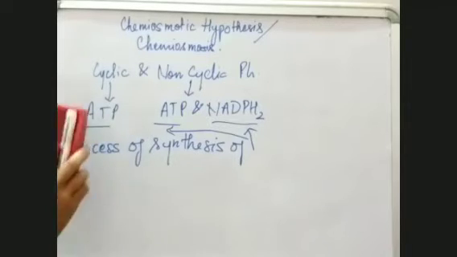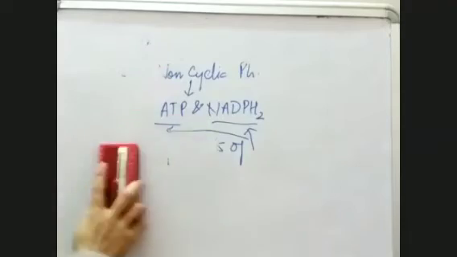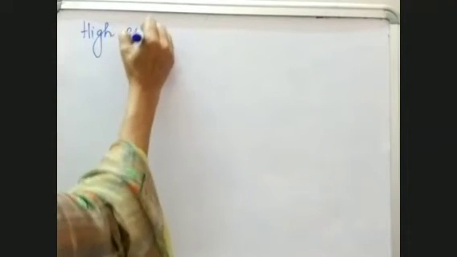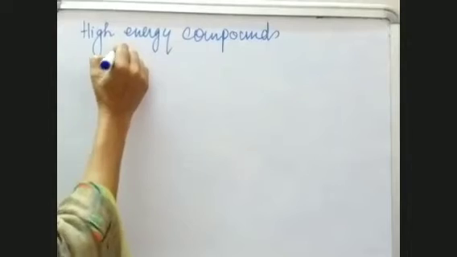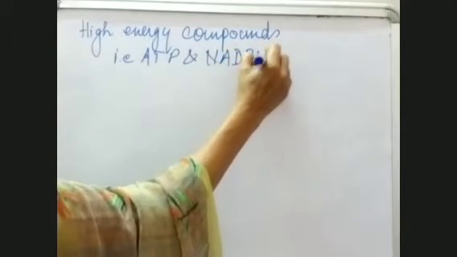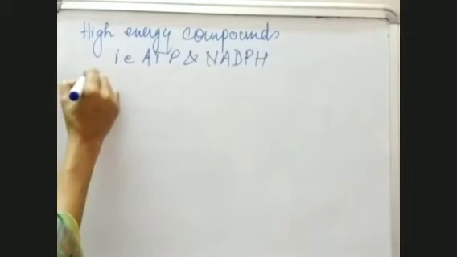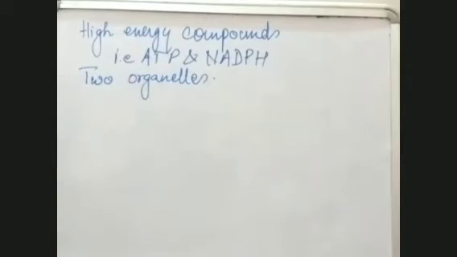Now, this process of synthesis of ATP and NADPH2, or process of synthesis of high energy compounds, that is ATP and NADPH, takes place in two organelles.